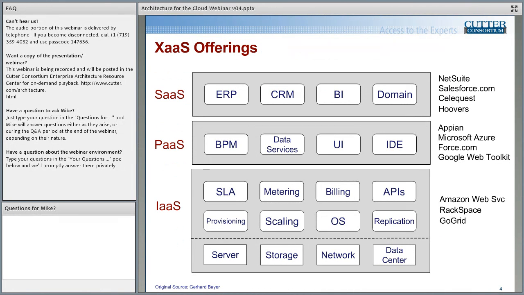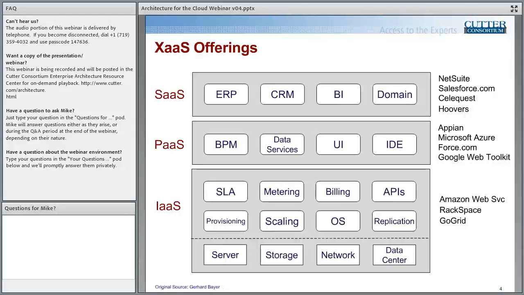Here's an example of some of the different kinds of offerings in the cloud. We have software as a service, things like ERP from NetSuite or CRM from Salesforce.com, probably the most famous one. We have platforms as a service, so we've got general platforms like Microsoft Azure, or BPM platforms like Appian, or specific platforms like Force.com that allow you to add capabilities onto the Salesforce suite.